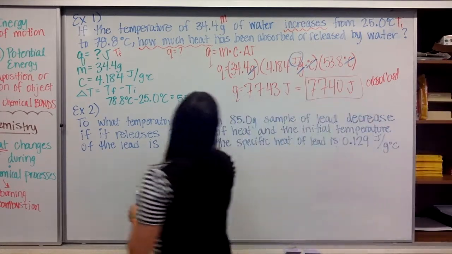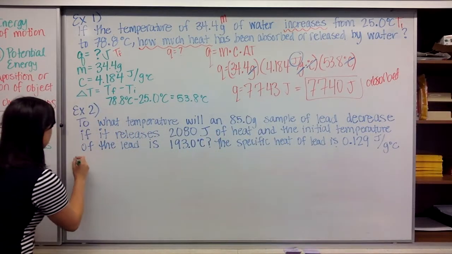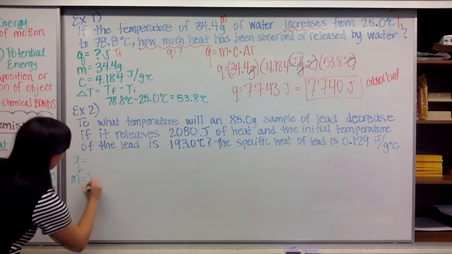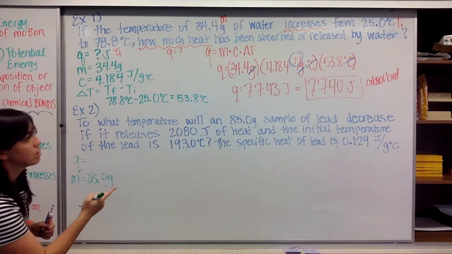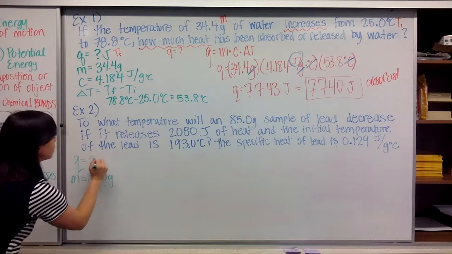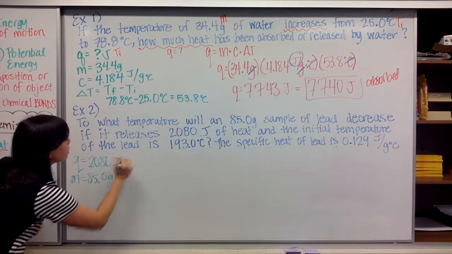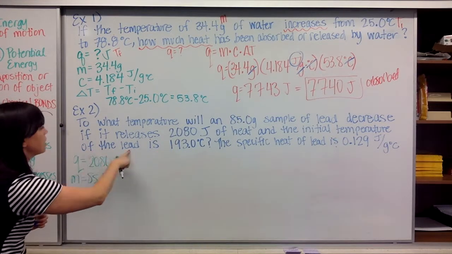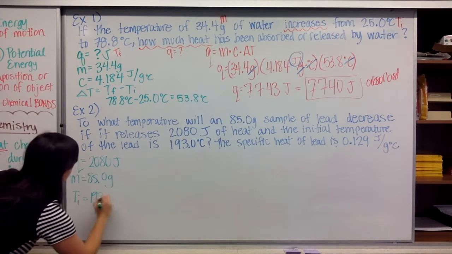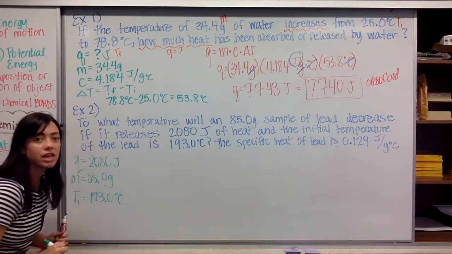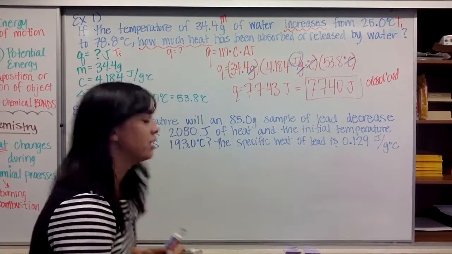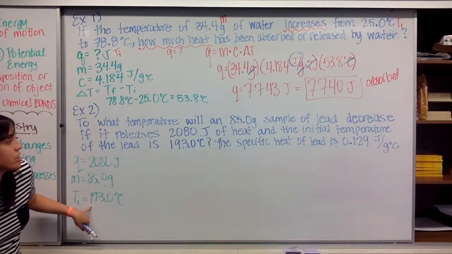So what I'm going to do is, my mass is equal to 85.0 grams. If it releases that many joules, this is my Q value, 2,080 joules. The initial temperature, so T initial, equals 193.0 degrees Celsius.